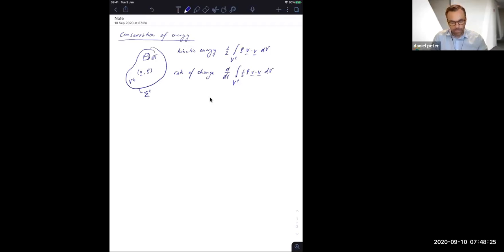Now, when we look at energy, we also have to look at, for example, how mechanical energy is added to it. And by mechanical energy, I mean the work that is done by the forces that are applied to that body. I'm not sure if you remember how work is defined in physical terms.